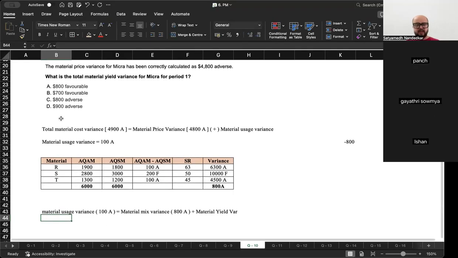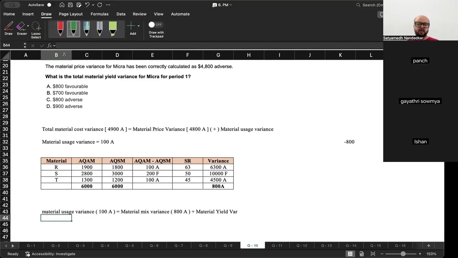So how much will be material yield variance? Naturally 700 favorable, only then will this tie up, right? Yes, sir.